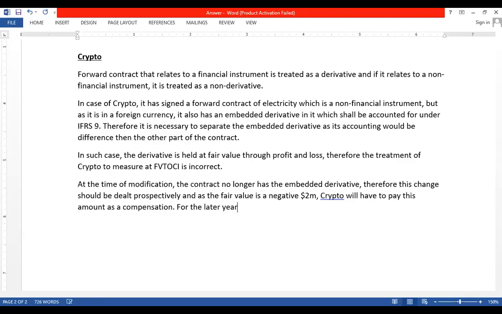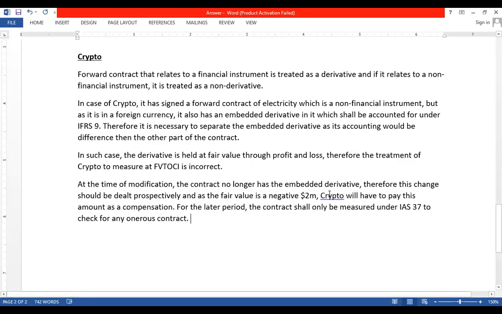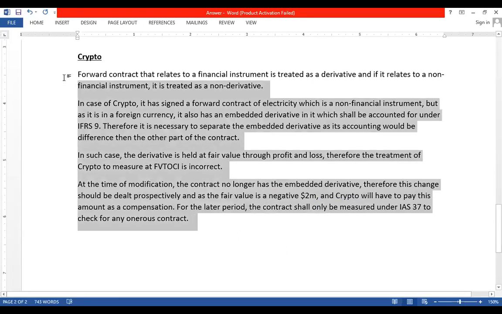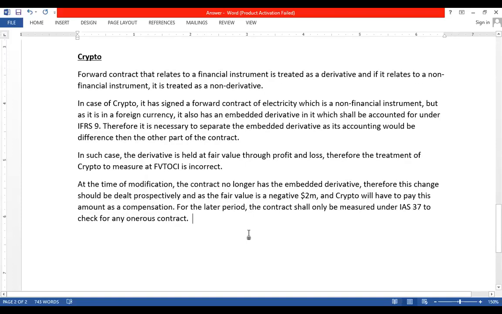For the later years, the later period, the contract shall only be measured under IAS 37 to check for any onerous contract. So this is what was supposed to be written in this answer.